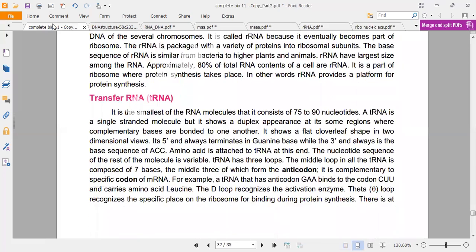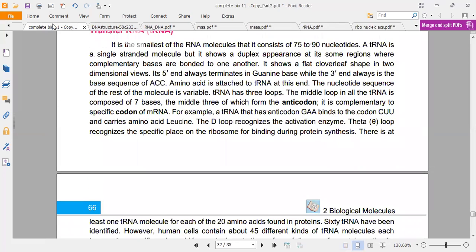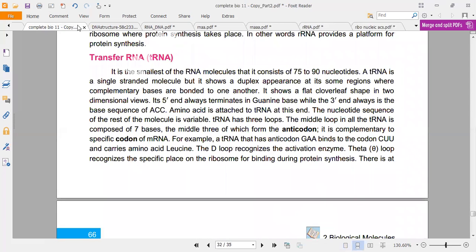The next one is very, very important as well. That is transfer RNA. Transfer RNA transfers the amino acids into the protein chain.